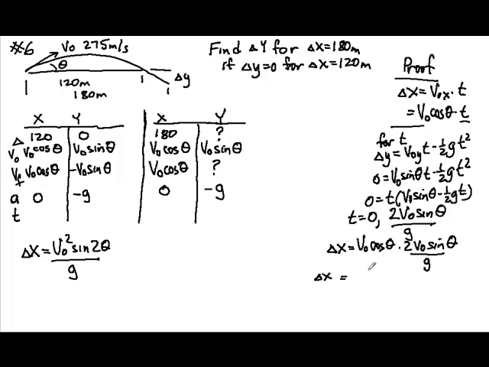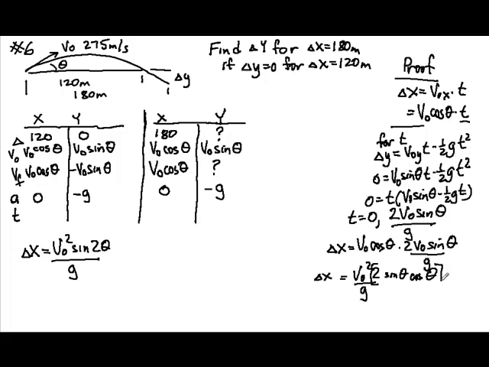Let's do a little more rearranging. I get v naught squared times 2 sine theta cosine theta over g.